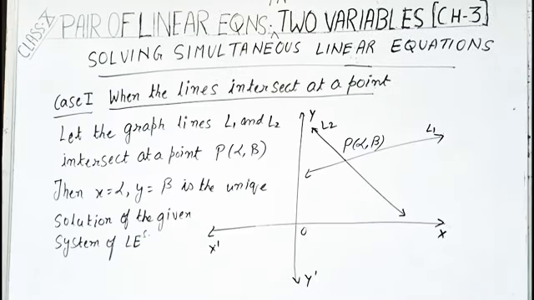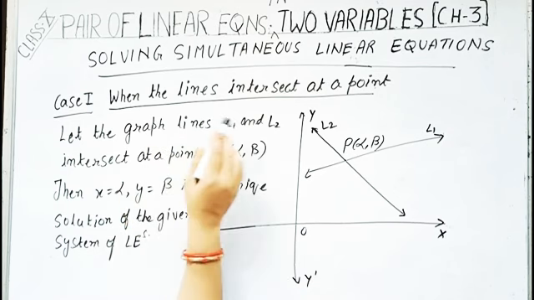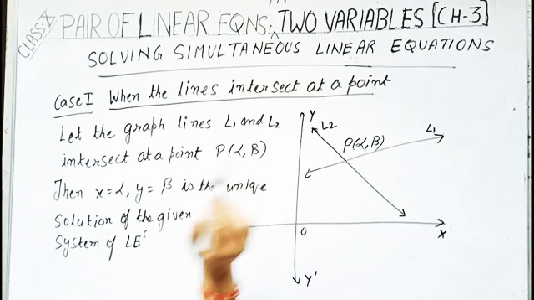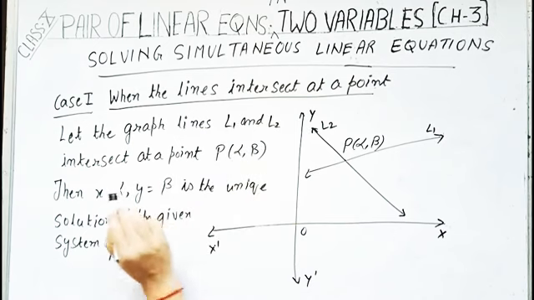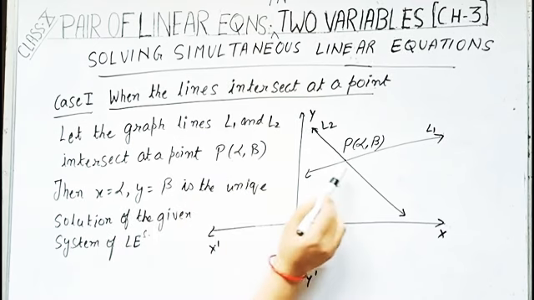If L1 and L2 are the graphs of the given two equations, then the cases which arise are: case 1, when the lines intersect at a point; case 2, when the lines coincide; and case 3, when the lines do not intersect. Coming to case 1, that is when the lines intersect at a point, let the lines L1 and L2 intersect at the point P(alpha, beta).